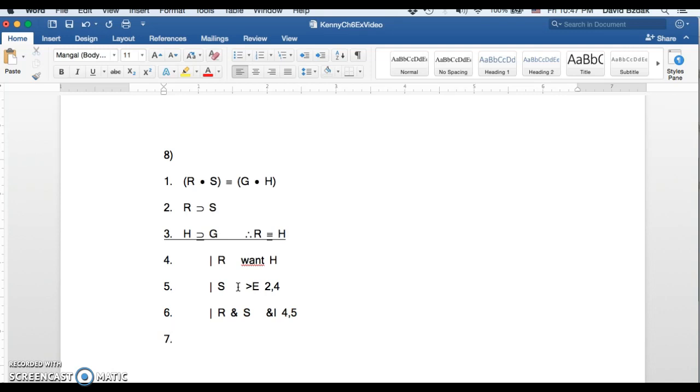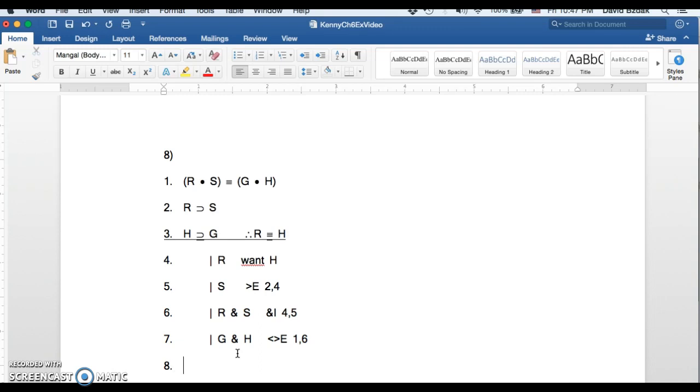And that allows us to get G and H by biconditional elimination of 1, 6. So remember biconditional elimination here, you have R and S biconditional G and H, you get R and S, so that means that G and H must also be true.